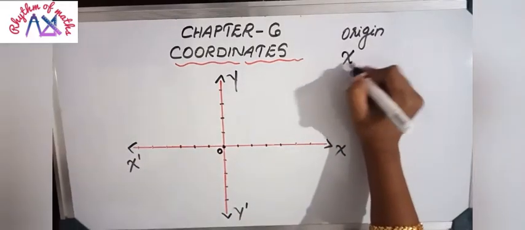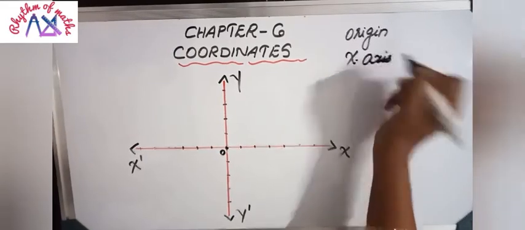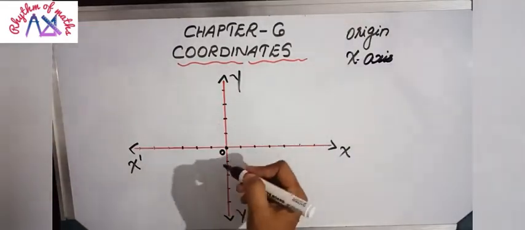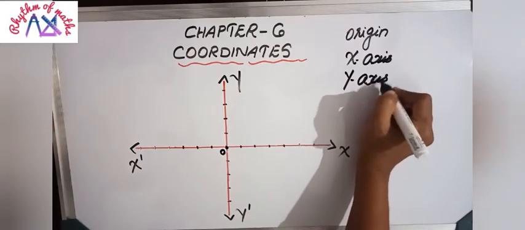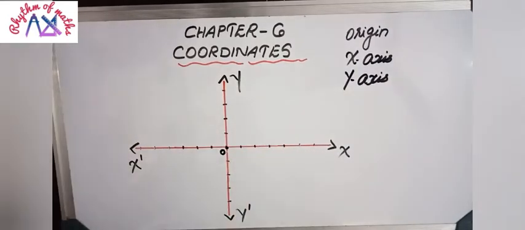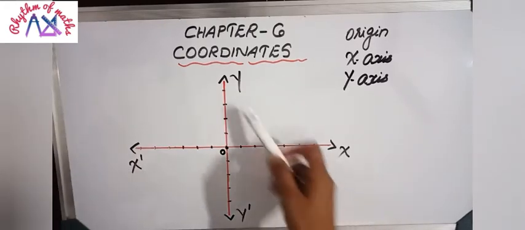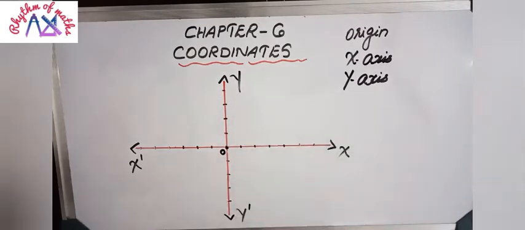First one is the x-axis. Then this vertical line is known as the y-axis. So these two are the coordinate axes. First one is the x-axis, next is the y-axis.